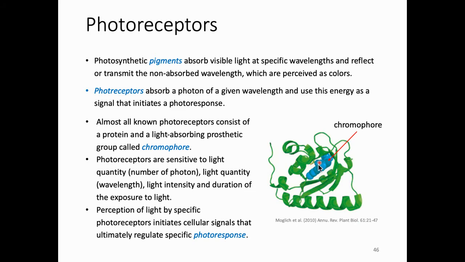This part receives the color of the light and then triggers a change in the shape of the protein. Once the protein shape has changed, it triggers the downstream response inside the cell that will change the morphology of the plant, for example.